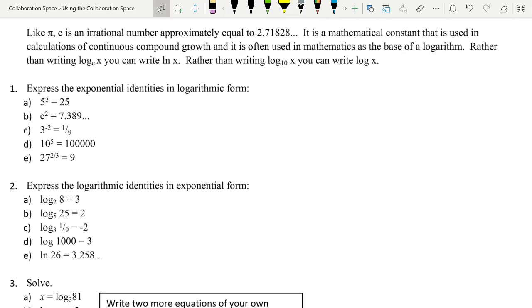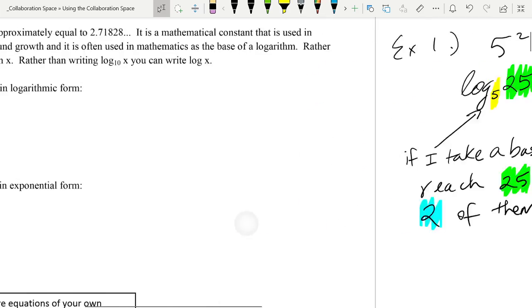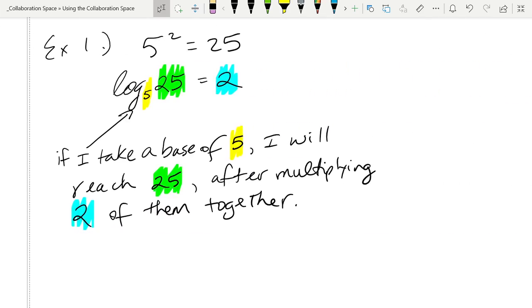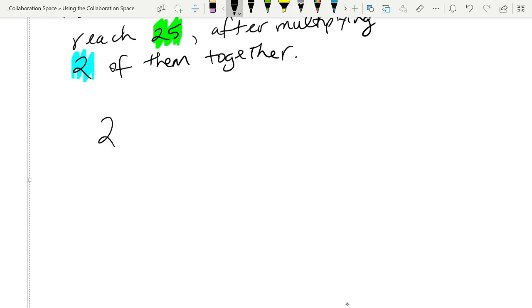Let's do 1e. So let me say that again. 27 to the 2/3 equals 9. So next example: 27 to the 2/3 is equal to 9. What does that look like in logarithm form? Okay, I'll give you a sec. Give it a try.